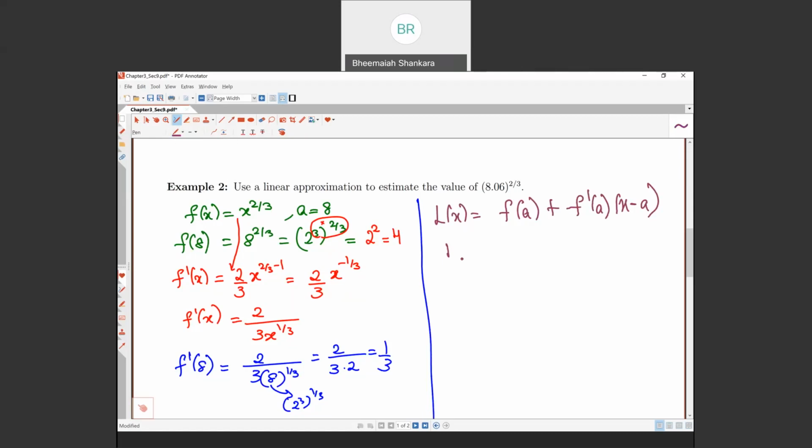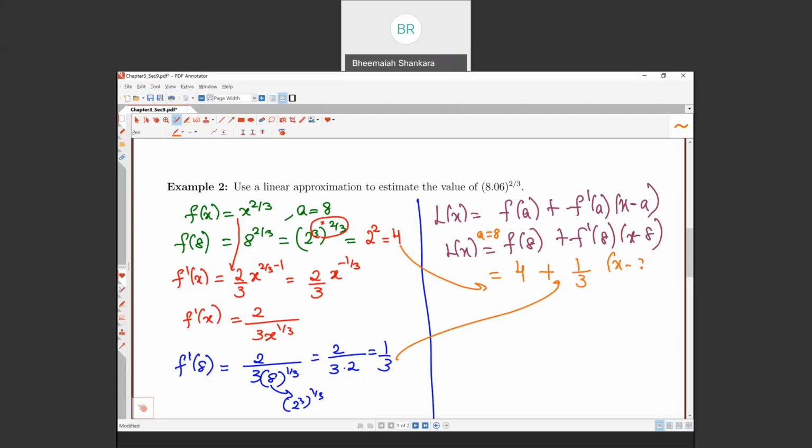So L of x equals f at 8 plus f prime at 8 times x minus 8. All we are doing here is plugging in a equal to 8. So f of 8 was simplified to be 4. Let me use that here. Plus the f prime value we calculated, it's 1/3 times x minus 8.